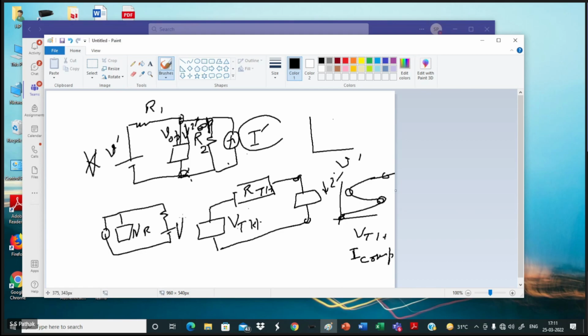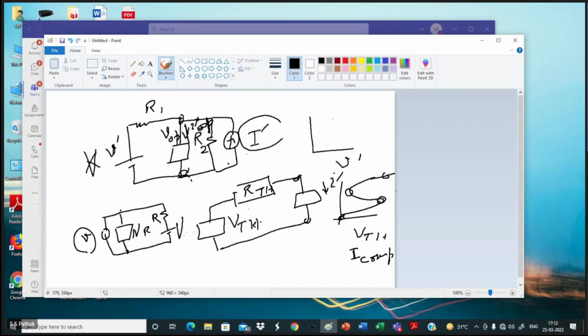Here a voltage V will be given. Here a small voltage v is given, that is the one that is changing. This is my NR device. This will be my R. Here again the same thing you have to do, because for the NR, those 3-4 points are already given. You will be able to compute this transformed version of this v along with this capital V, which is fixed.